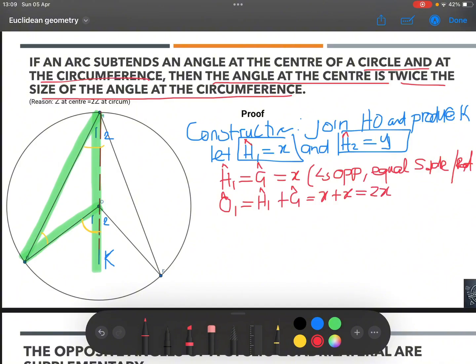The reason for that is the exterior angle of triangle OHG.